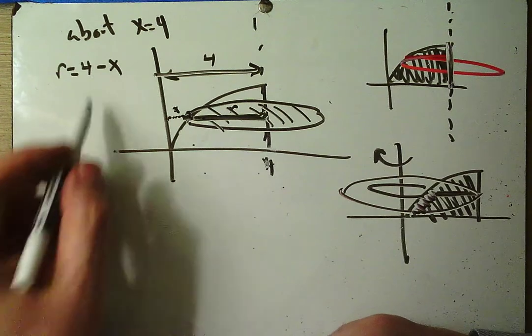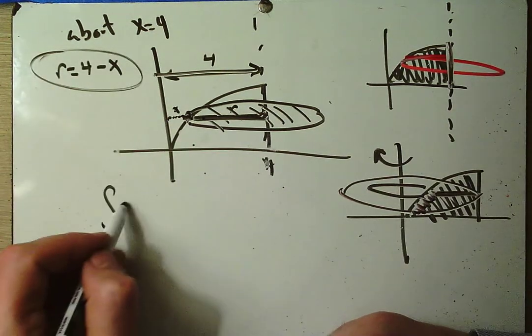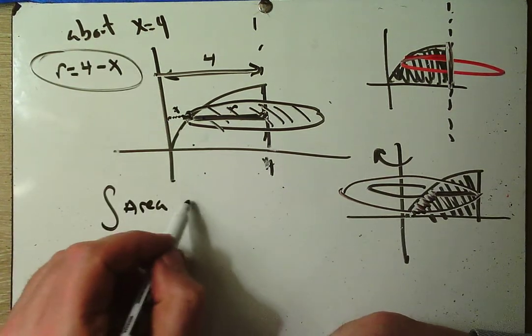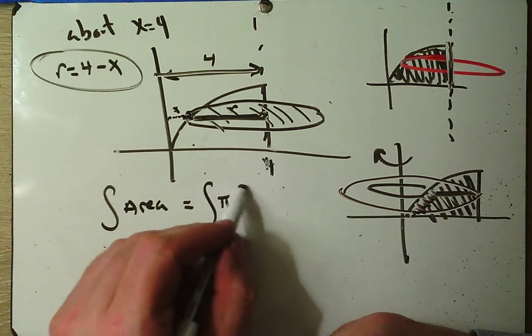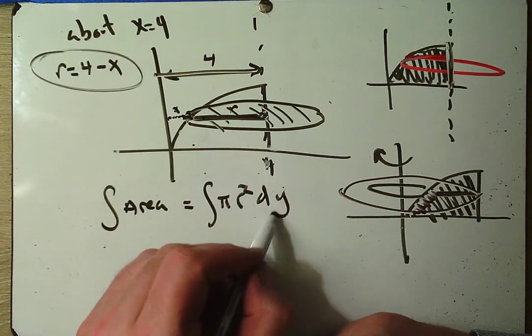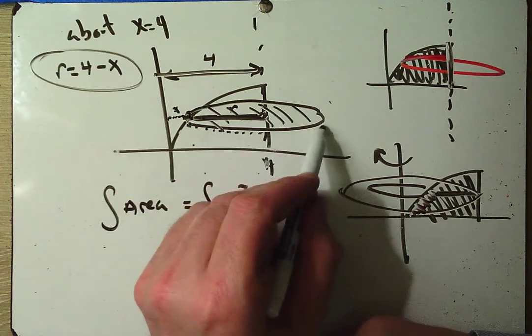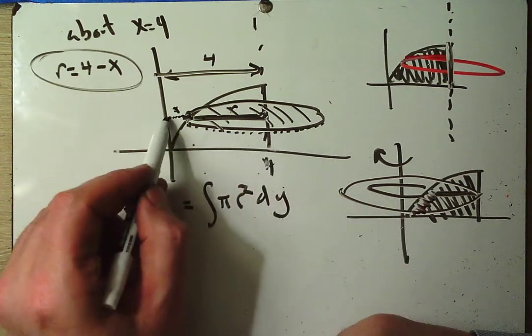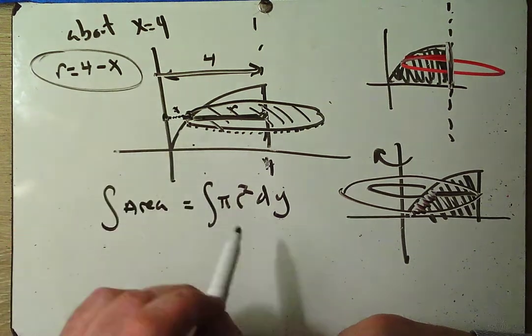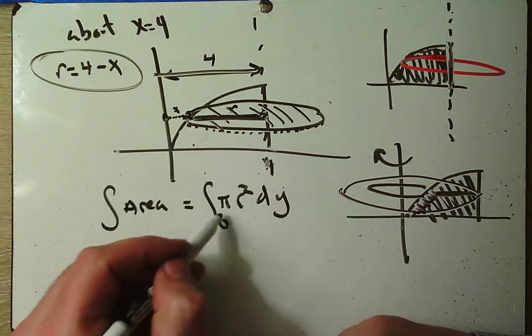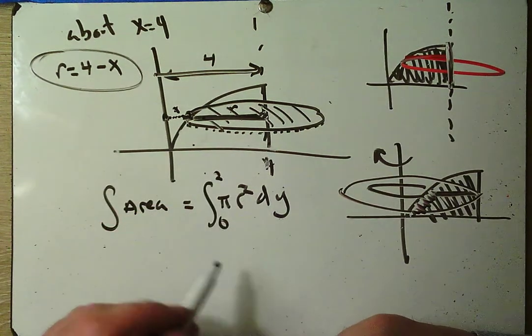Okay, so I've got a little r, and I'm integrating area. Pi r squared dy. The thickness of this slice would be measured over here on the y-axis. And so I'm integrating from 0 to 2.